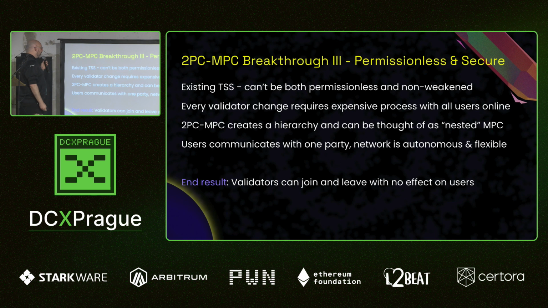And 2PC MPC created this hierarchy, this nested MPC, where the user just communicates with one party, right? The user doesn't care how many validators there are, who they are, what they do, it just communicates with the network. And the network itself is completely autonomous and flexible. So validators can join and leave, and that will have zero effect on the user. It doesn't even need to know that that actually happened. So that's the third breakthrough.